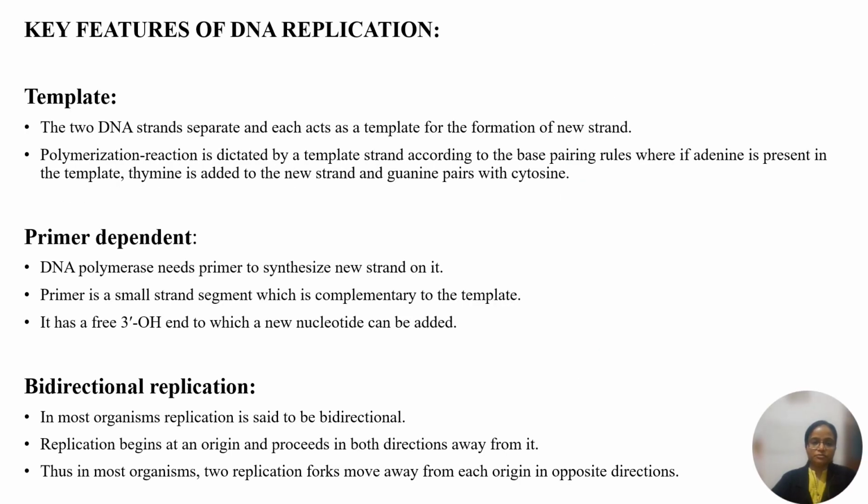So let's now quickly revise the keynote features of the DNA replication process. One of the important features of the DNA replication process is that it is template dependent.